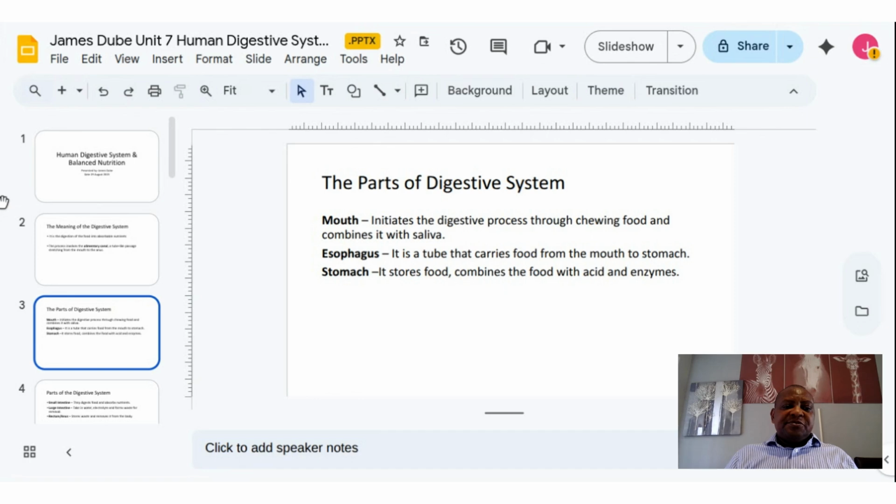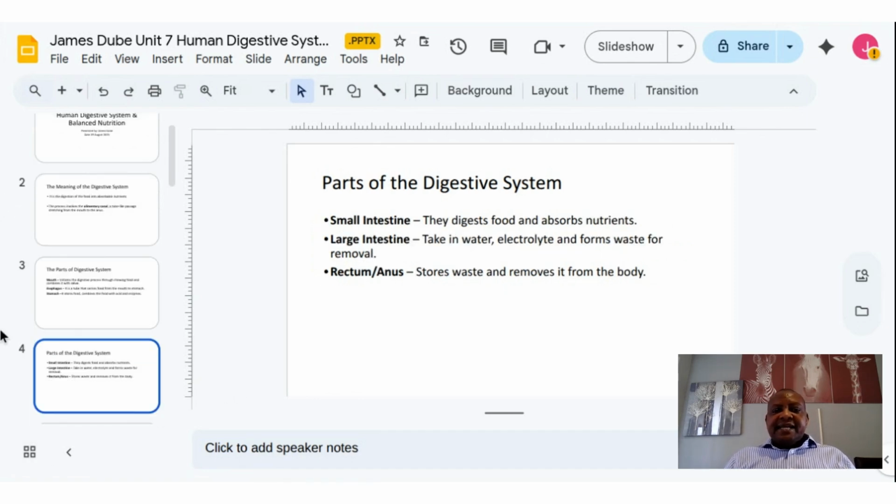Our next slide is about the remaining parts of the digestive system, the main three parts, namely the small intestines, large intestines, and the rectum. The small intestines are the ones which actually digest the food and absorb the nutrients.